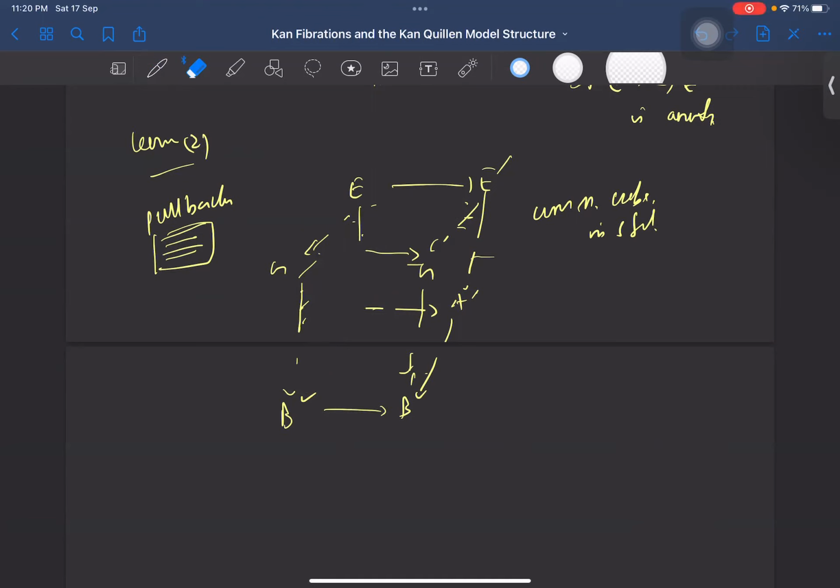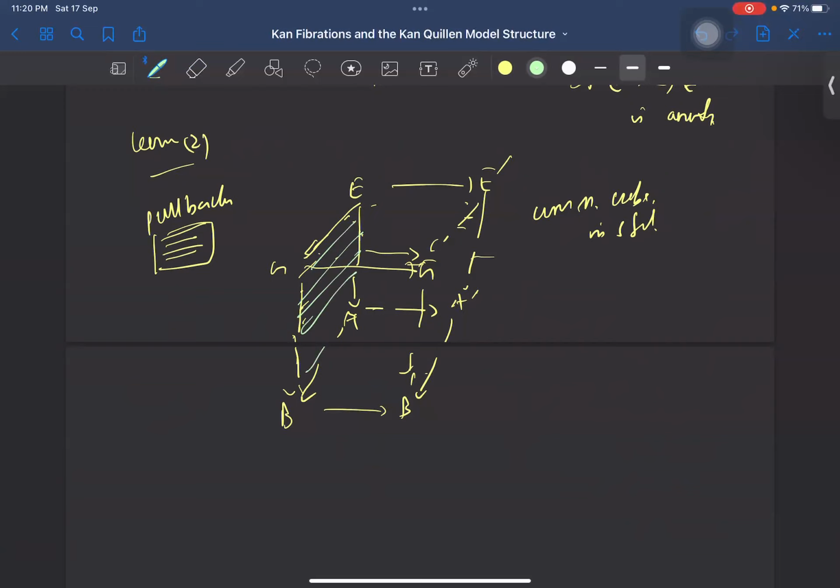I'm sorry, should have seen that before. Okay, so yeah, let me use a different color. So these are pullback squares that you have, the left one and the back one.